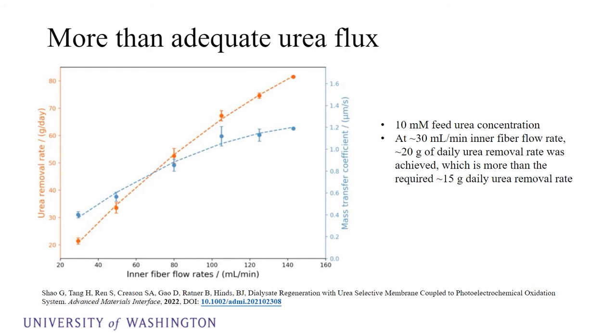On the bottom axis is the inner fiber flow rate in milliliters per minute. With 10 millimolar of feed urea concentration, we found that at a flow rate of 30 milliliters per minute, we can remove 20 grams of urea. That's more than the 15 grams of daily urea removal we want.